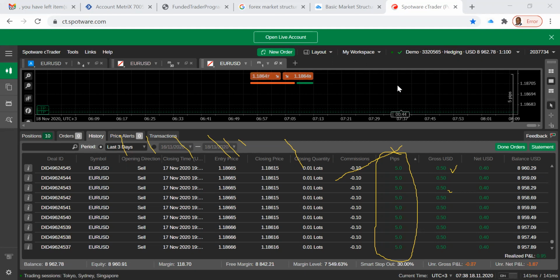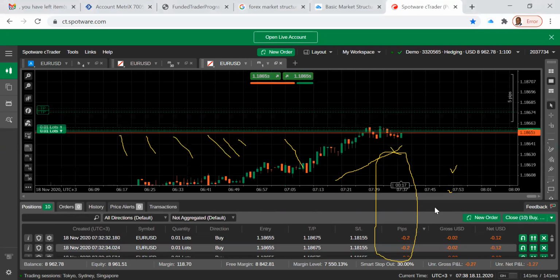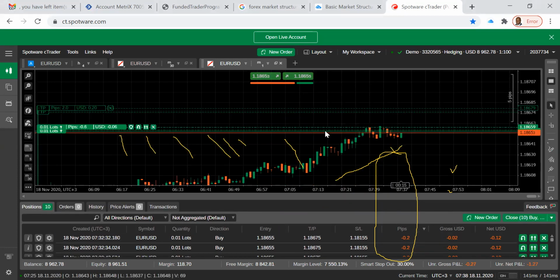I think I didn't teach you what a spread is, but I can just do it right now, so you can understand what I mean by the spread. So the market spread. Sometimes people ask, how do the brokers make money in Forex? Well, the brokers make money by what we call the spread, the market spread. The market spread means that we want to enter at a particular point.